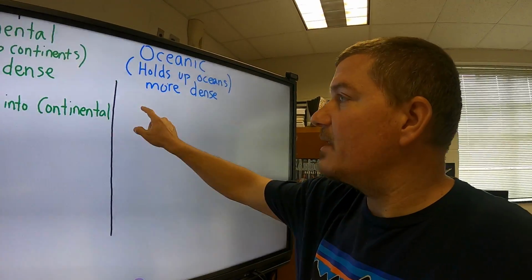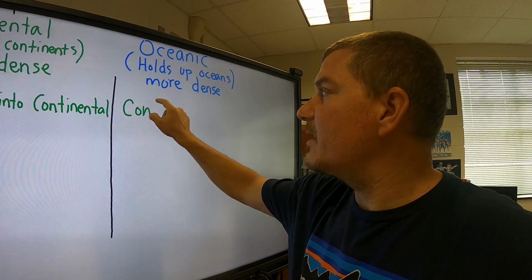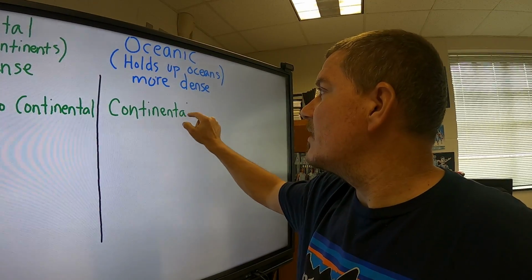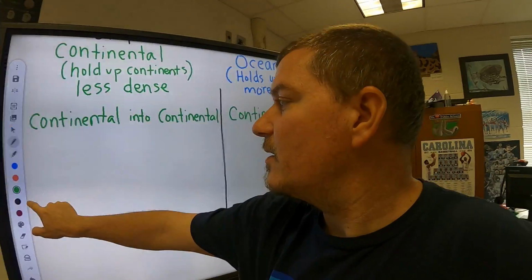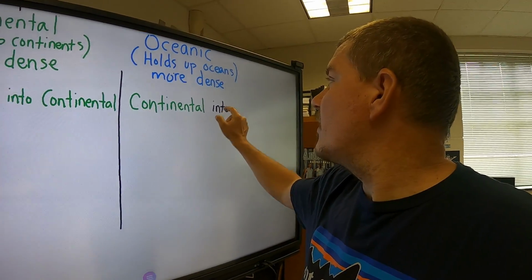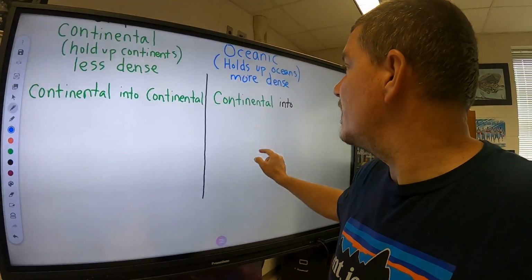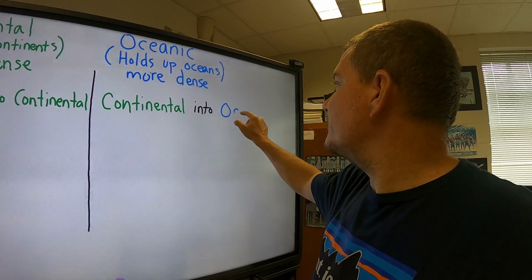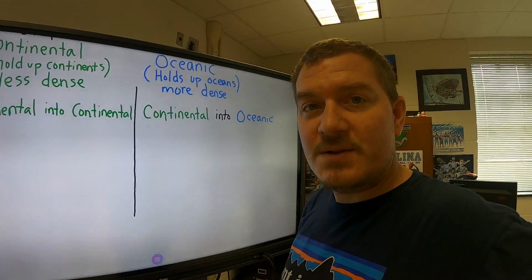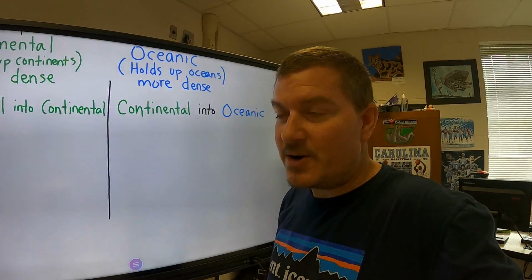And then on the right side, we're going to be looking at a continental plate crashing into an oceanic plate. And we'll use those two specific examples that I was just going over.